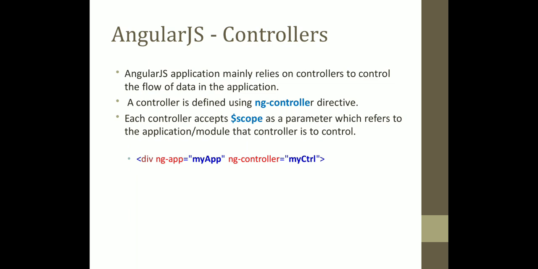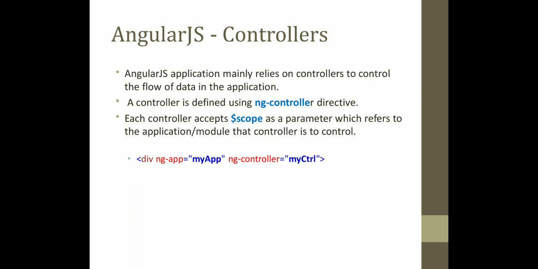It is a JavaScript object which holds attributes and functions, so it will be holding functions and attributes both at the same time. Then it uses $scope as a parameter. $scope are the objects that communicate with the view and expose the model to the view.